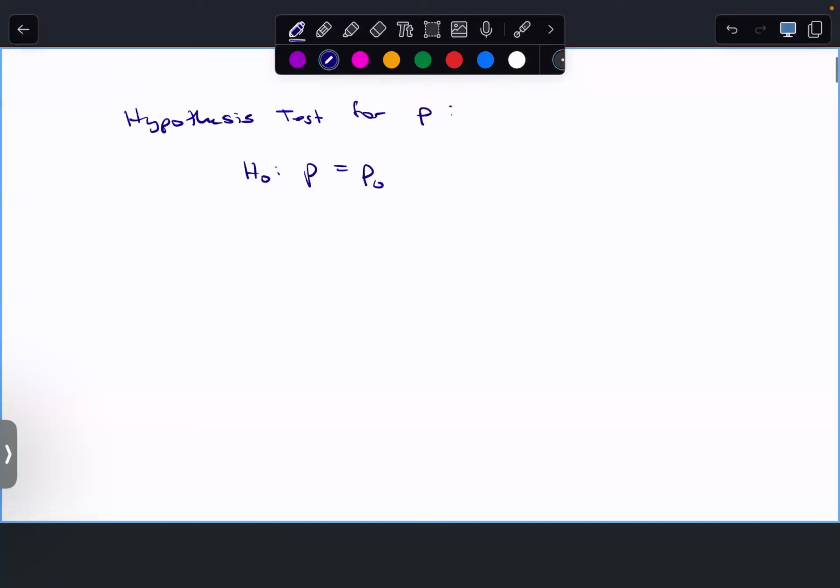And then to articulate how far your sample proportion is from your hypothesized proportion, we can calculate a z: p hat minus p naught divided by the standard error, which now that I have a hypothesized proportion, I can use in my standard error, the square root of p naught q naught over n.